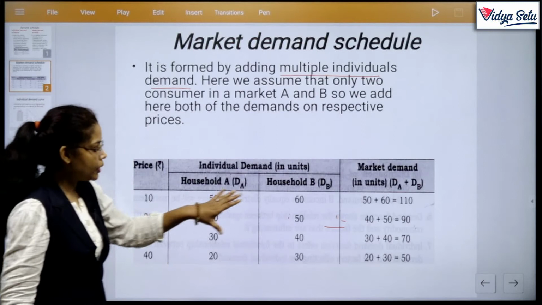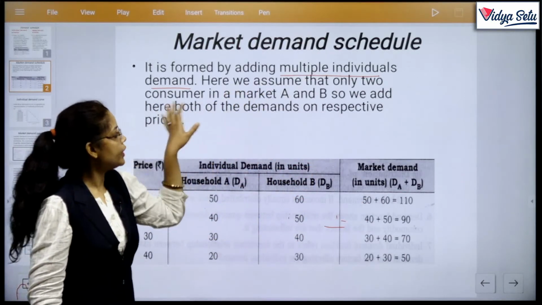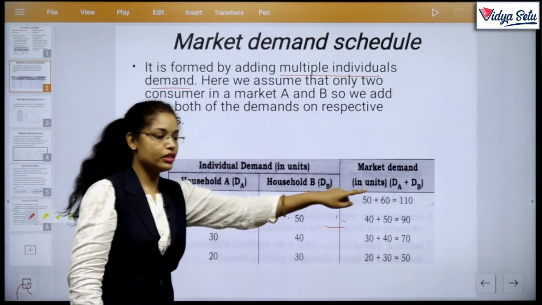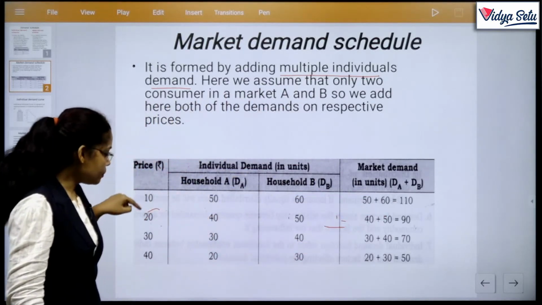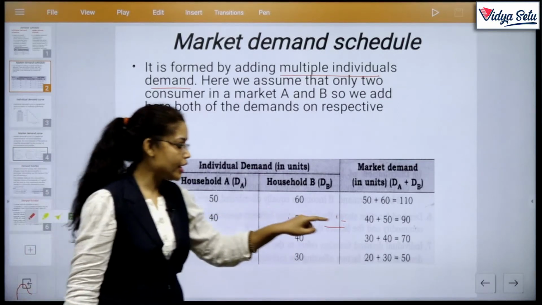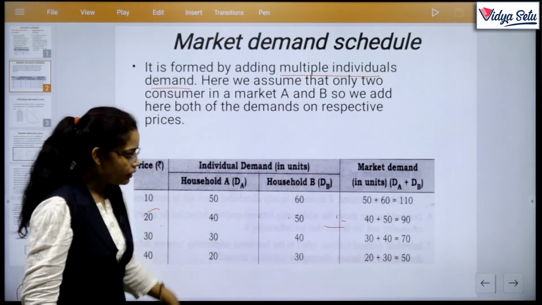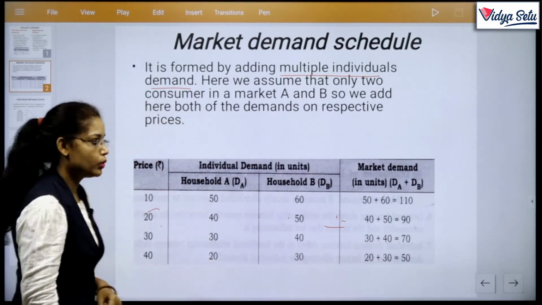We add 50 plus 60, that is 110. So if we assume only two consumers in a market, our production is 110. Now if we sell this product at price 20, then we have to produce 90 units of the commodity and so on.